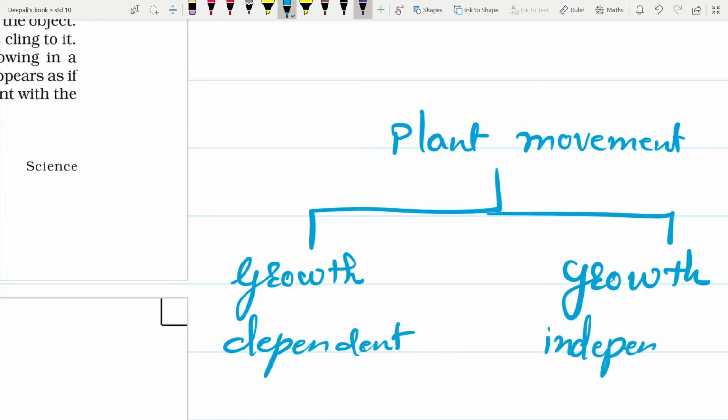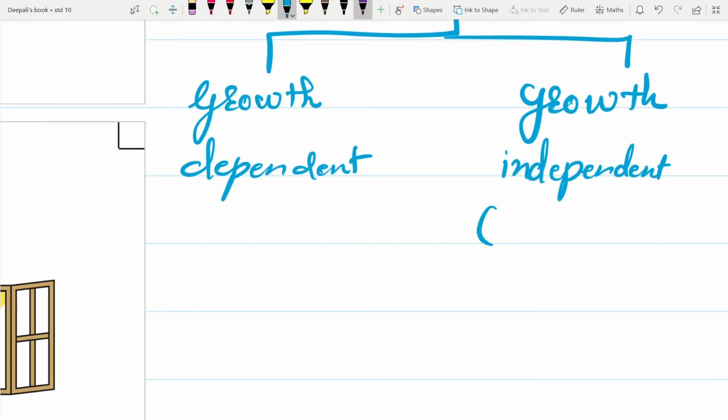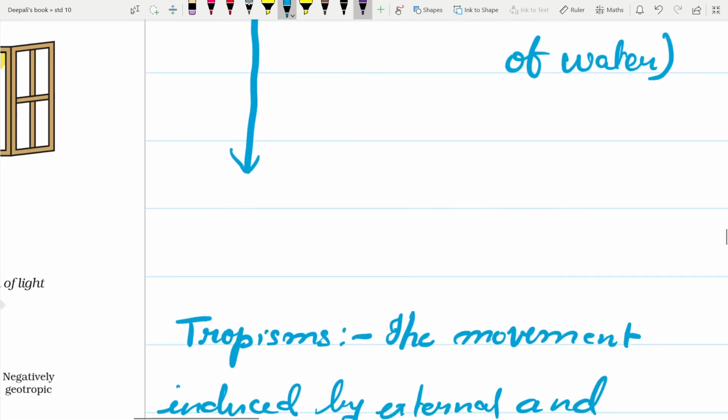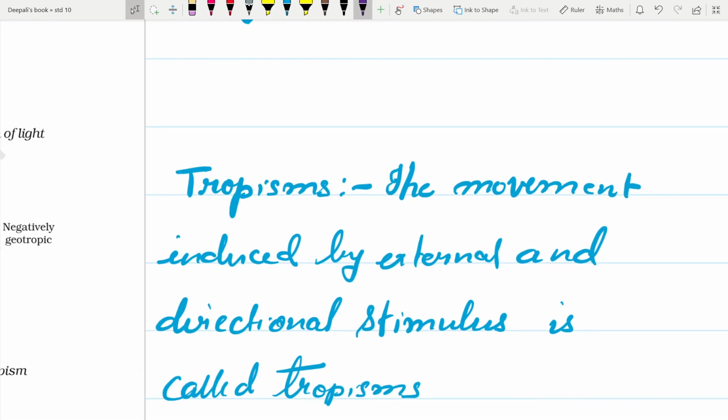Growth independent movement is due to the increase and decrease in the concentration of water that either shrinks the cell or expands the cell. Because of that, we see shrinking or swelling of that part. Whereas growth dependent movement is due to certain hormones, and it shows the following tropisms.